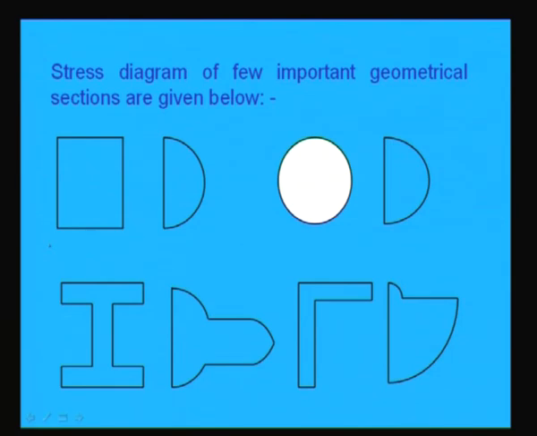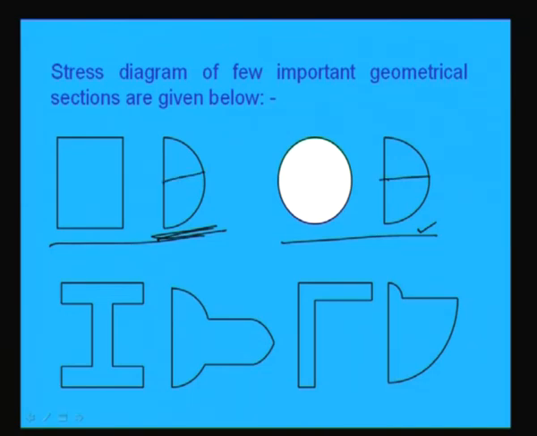Yesterday we saw that the shear stress distribution along the depth of a rectangular section will be parabolic like this. In case of a circular section also it will act something like this, but the magnitude will definitely be different.